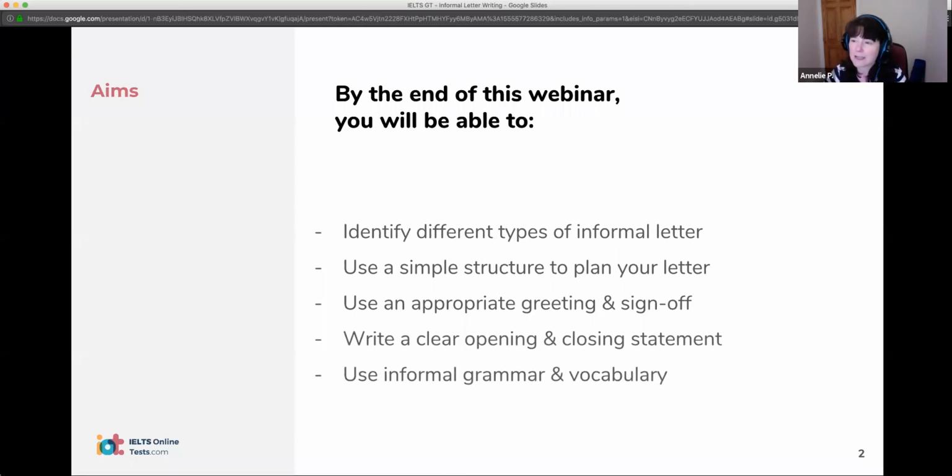And also the kind of vocabulary, the kind of phrases that are going to work with an informal letter. Because a very important part of your mark in task achievement is for the tone of the letter: is it informal for an informal letter, is it formal for a formal letter?